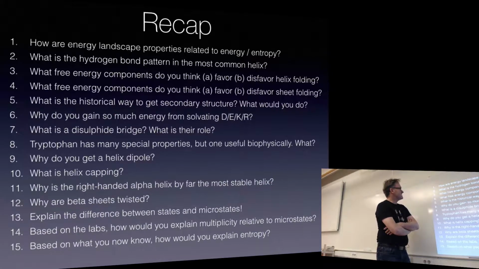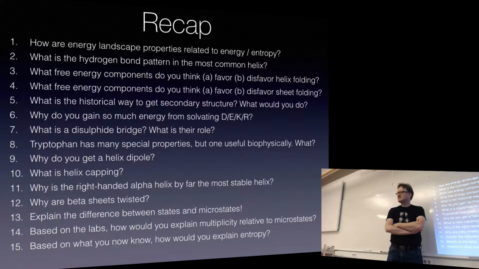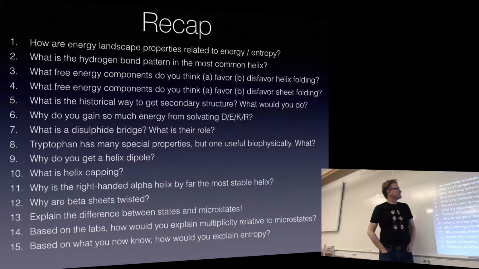How are energy landscape properties related to energy and entropy? I don't think I mentioned that exactly yesterday, which is good, because it forces you to think. Any takers? When you go down on the energy landscape, you're losing entropy? Well, not necessarily. It's good to have this question.